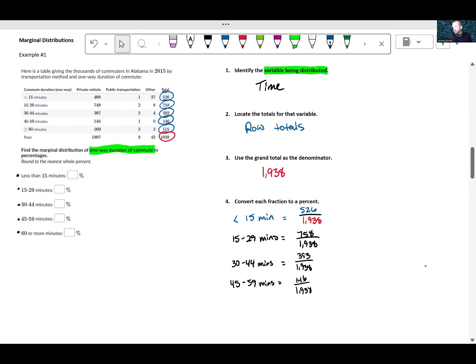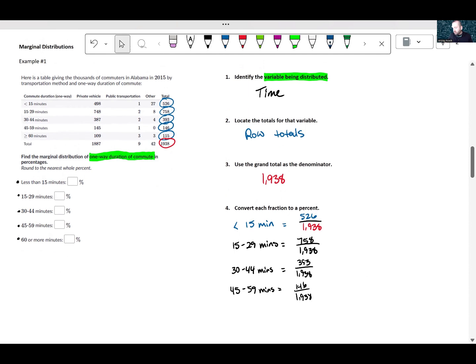And then our last one, I'm just going to scoot the page down a little bit, is greater than or equal to 60 minutes or more. We're saying 60 minutes or more to commute to work. So that looks like 115 over 1,938.